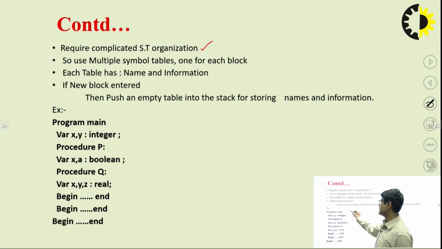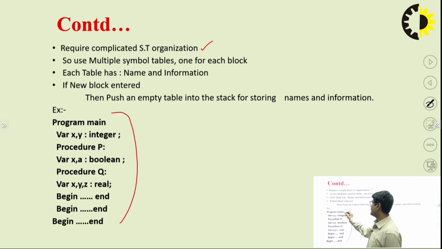Like if you are seeing this program, there is a main program where variables X and Y are defined. Then in the main program, procedure P has variable X defined, that is boolean. Procedure Q is there. Then in procedure Q, there is begin and end. There are different program fragments and different statements, and these are activated.